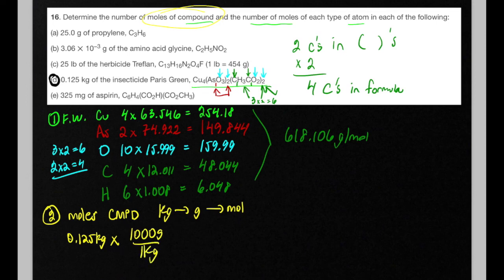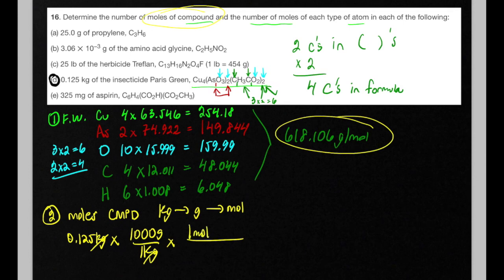There are 1,000 grams in 1 kilogram. And then I want to use this as a conversion factor, but flip it upside down. So I want 1 mole of my compound over 618.106 grams of the compound. So the grams of the compound will cancel and I'll be left with moles of compound.